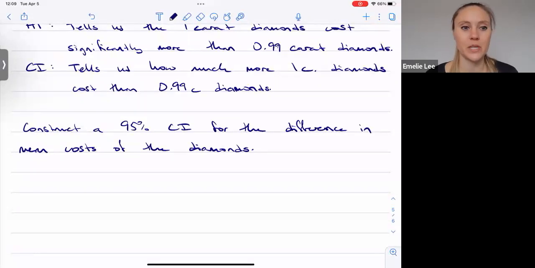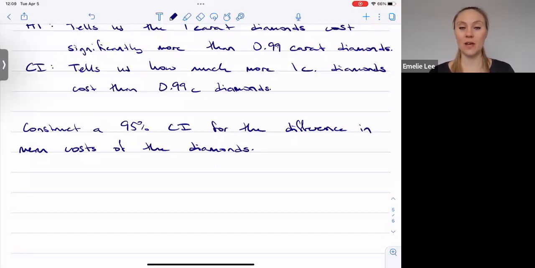Told you it was important to keep track of the mean difference or the difference in means. I made it a shorter blurb because I didn't want to write out too much.